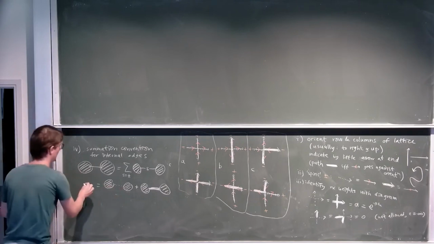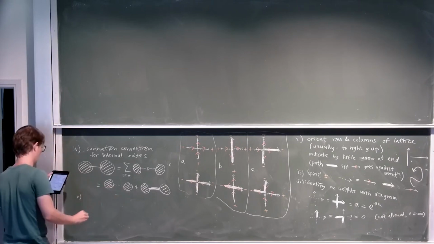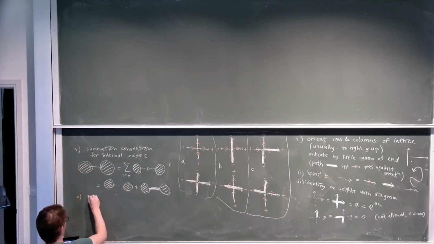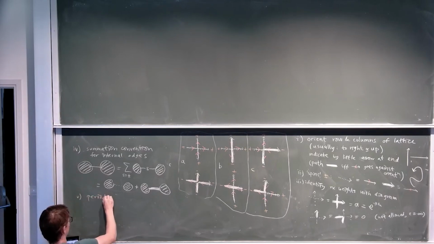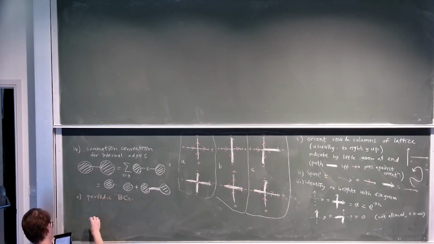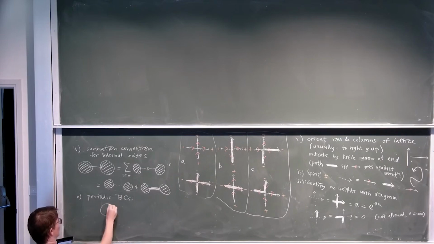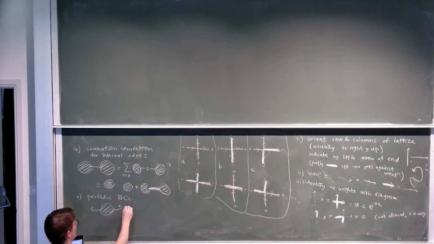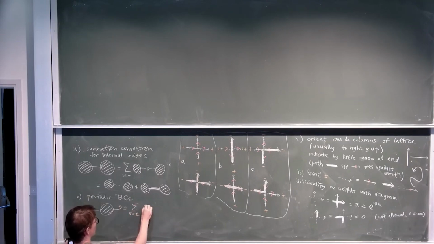And there's sort of a special case which we will need of this, which is related to the periodic boundary conditions. So just to spell it out, if we have a whole whatever, and then I will draw this little picture. By definition, this is the sum over the spin plus or minus on the outside.